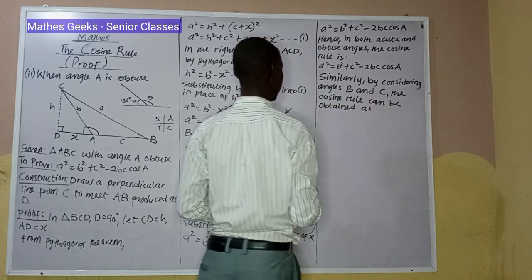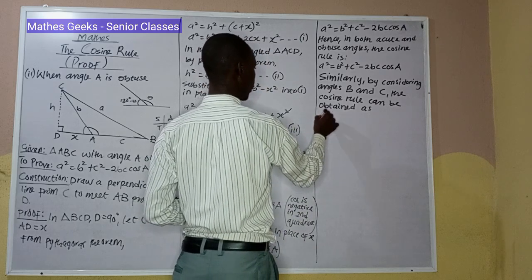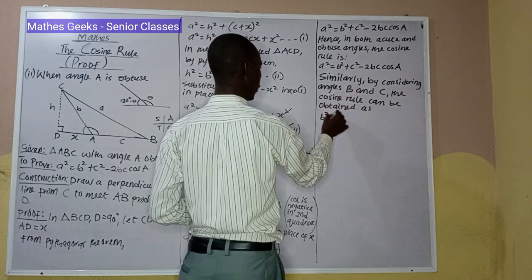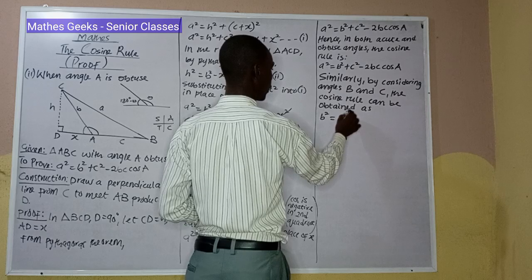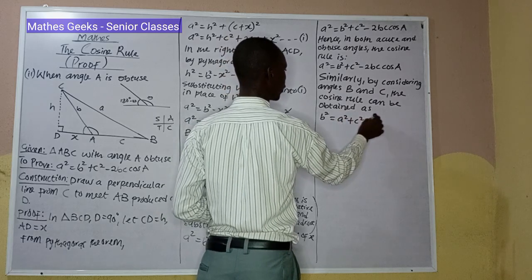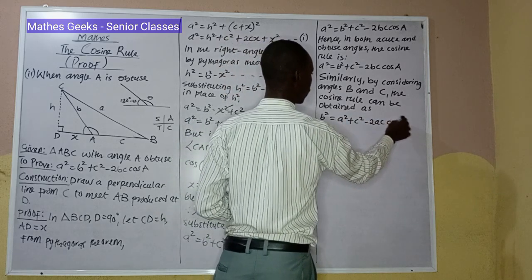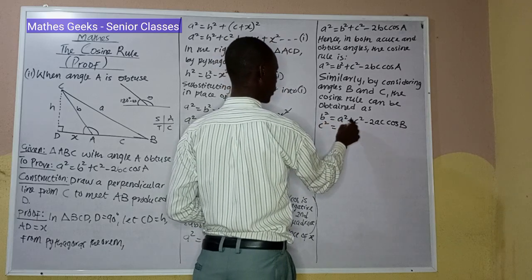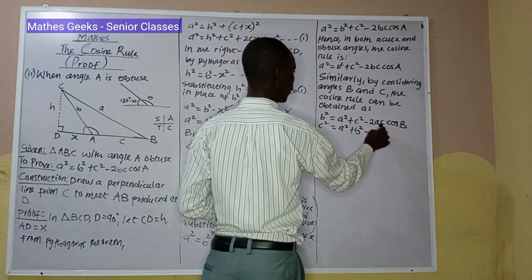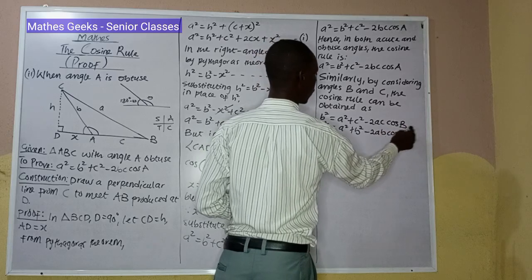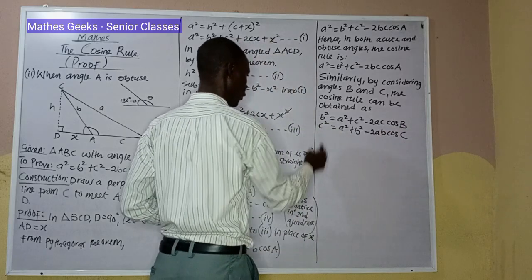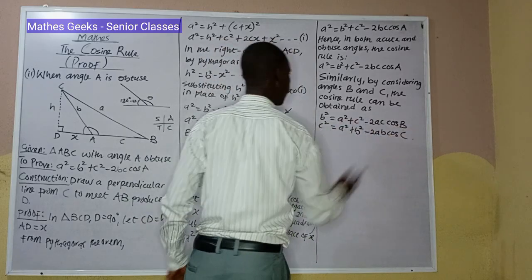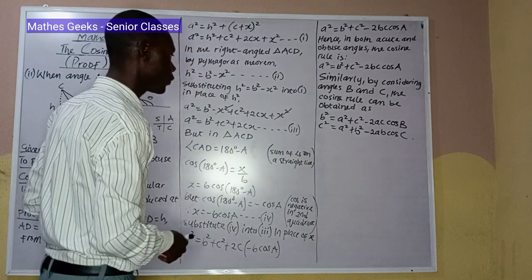If you are considering angle B, we have b squared equals a squared plus c squared minus 2ac cos B, and c squared is equal to a squared plus b squared minus 2ab cos C. So all together, this is the cosine rule.